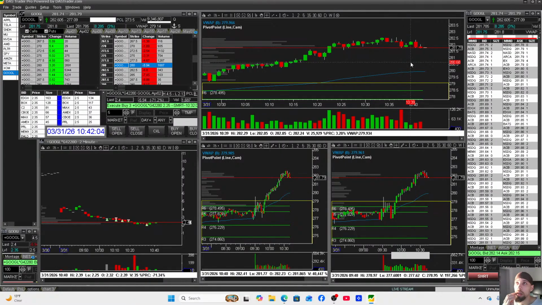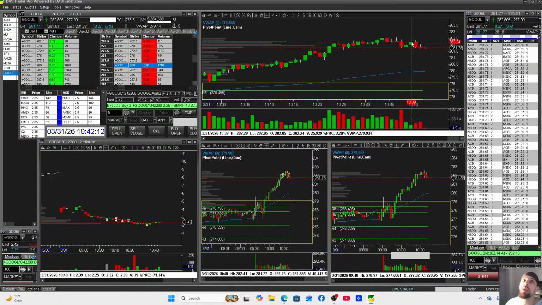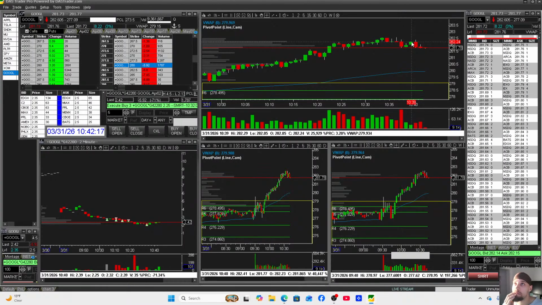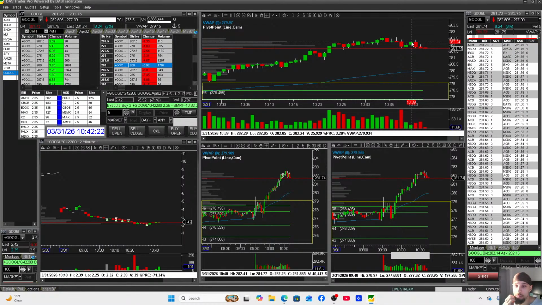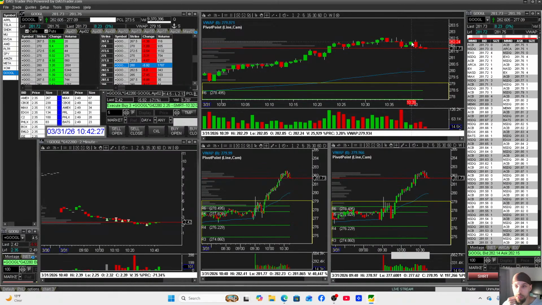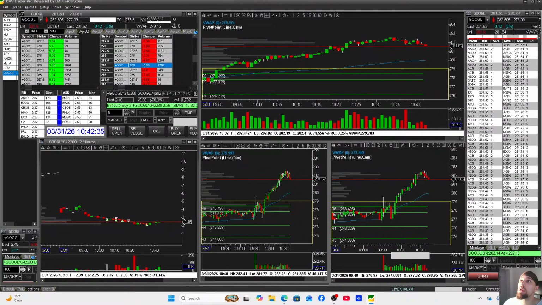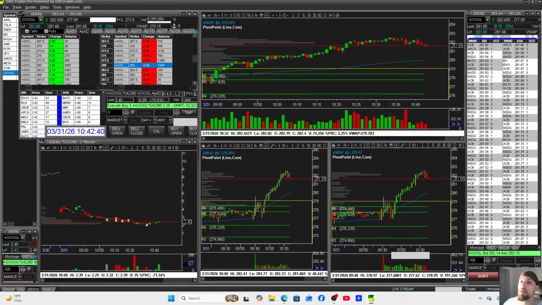Let's say that big buyer liquidates his position. You'll see a big red candle or a big decent chunk move down. I'm watching the level 2 here. Okay, a lot of liquidity happening now. Doesn't want to lose this level.